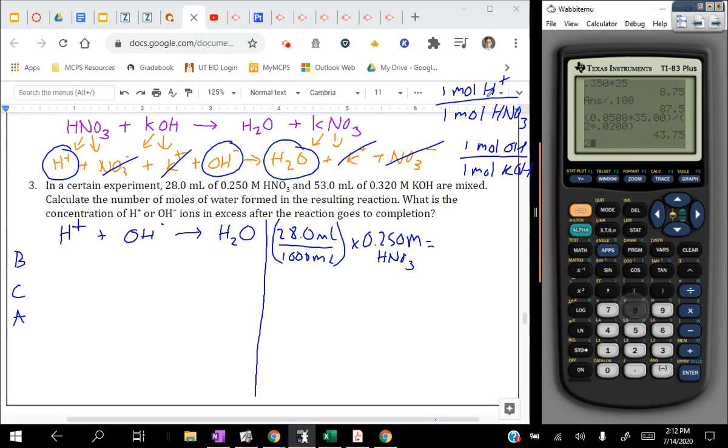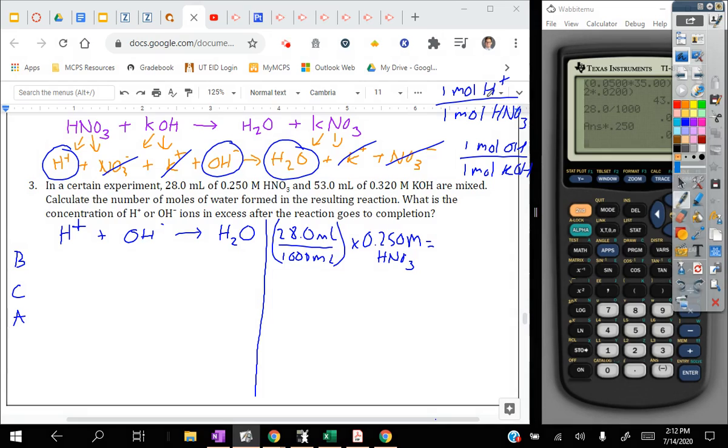So 28.0 divided by 1,000 times 0.250, and that is 0.007 moles of HNO3, which is equal to the moles of H plus, and I'm going to put that down as my before.